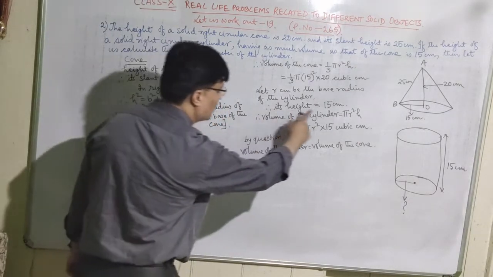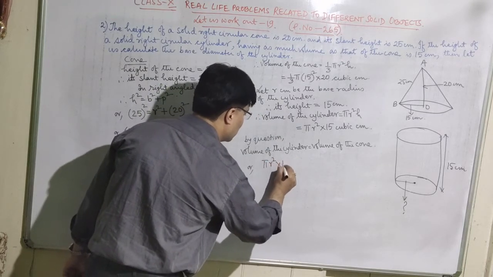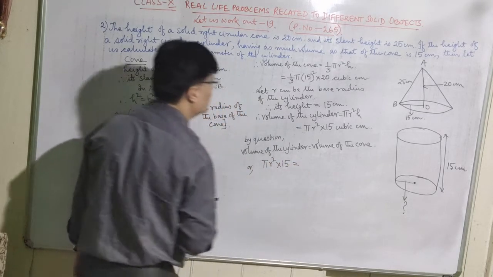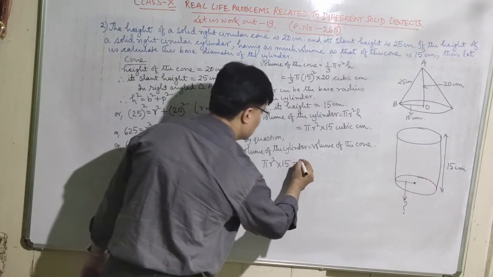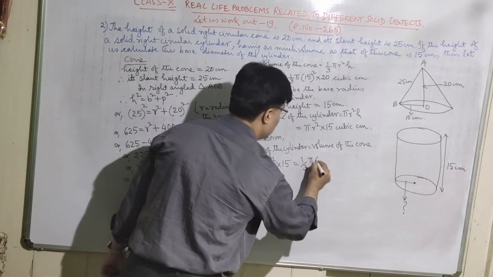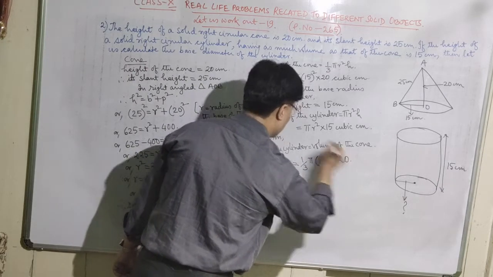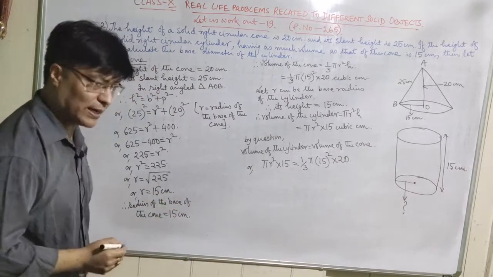What is the volume of the cylinder? It is pi r squared into 15, equal to, on the right hand side, 1/3 pi 15 squared into 20.